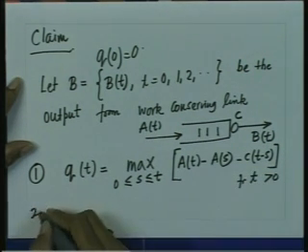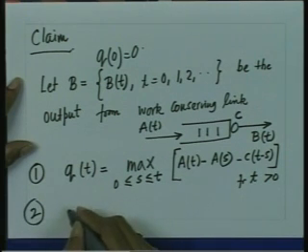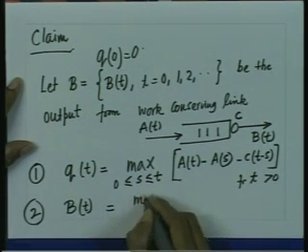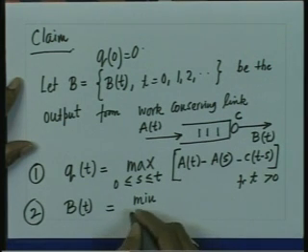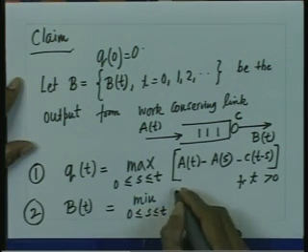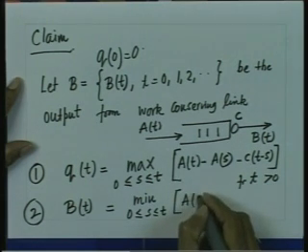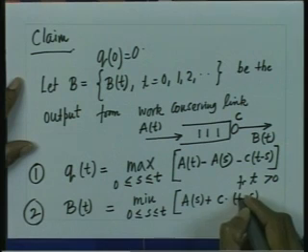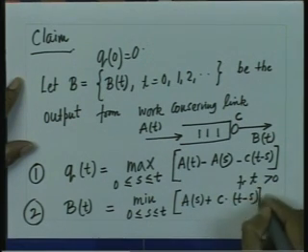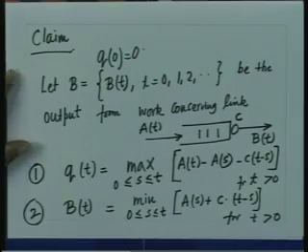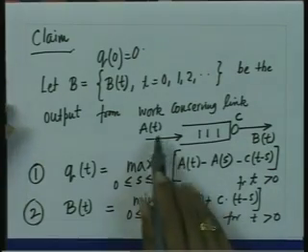And the other result that we would like to prove is that Bt, the output, is the minimum over s from 0 to t of As plus C into (t minus s), again for all t greater than 0.